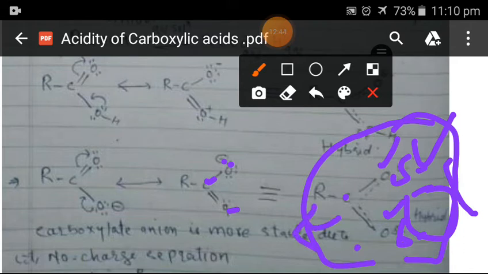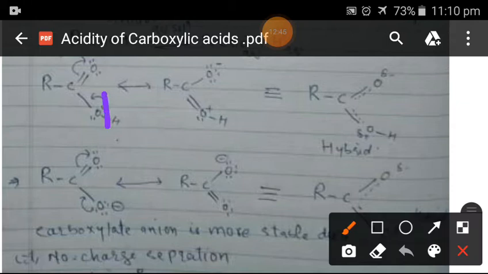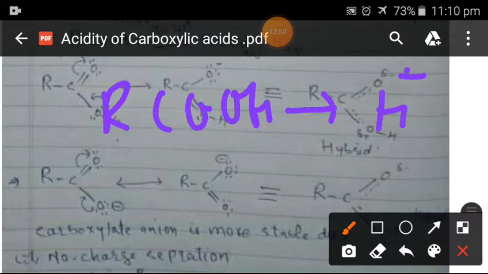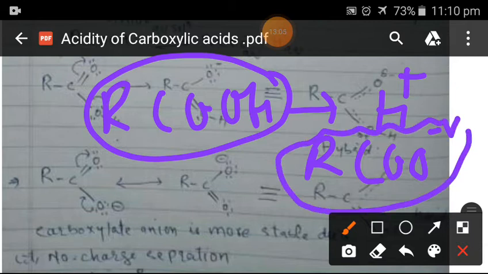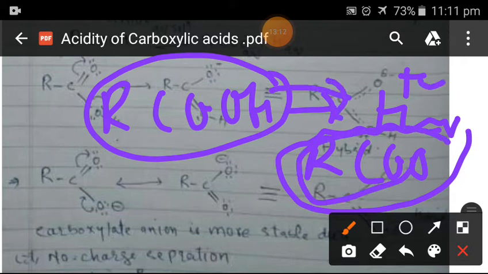So it is due to this fact that when carboxylic acid gives a proton, it forms a carboxylate anion. Because of the stability of this carboxylate anion being resonance stabilized, the carboxylic acid tends to become carboxylate anion and give a proton. As a result, the acidic strength will be more.